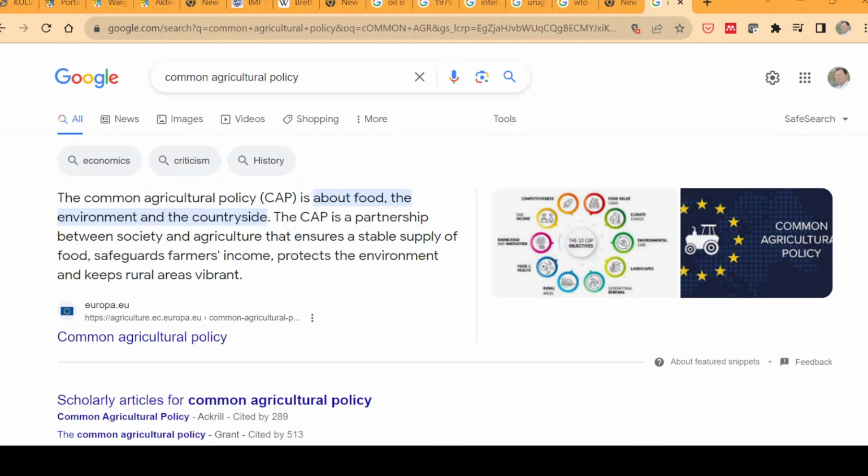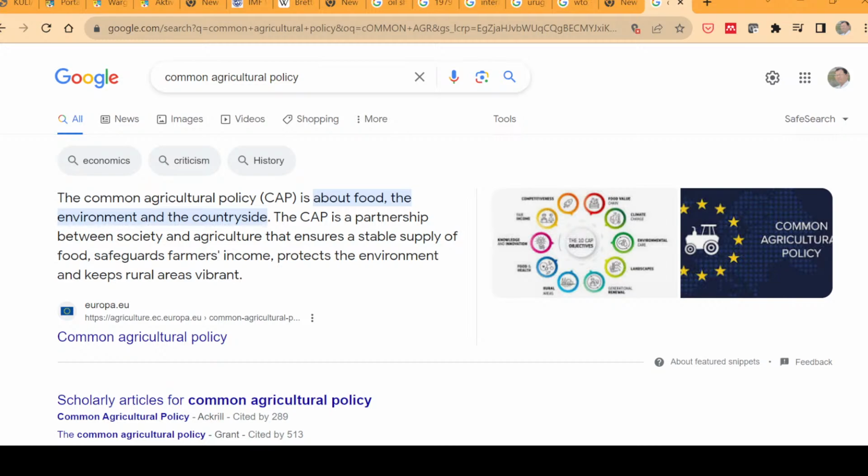Meeting in Marrakesh, two outcomes. Number one, over 100 countries signed the final act embodying the results of the multilateral GATT negotiations.